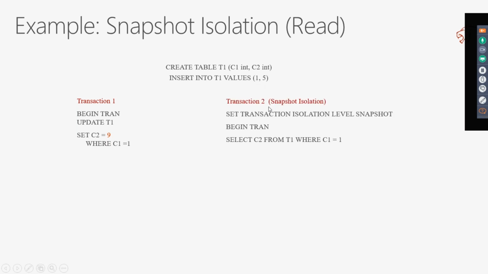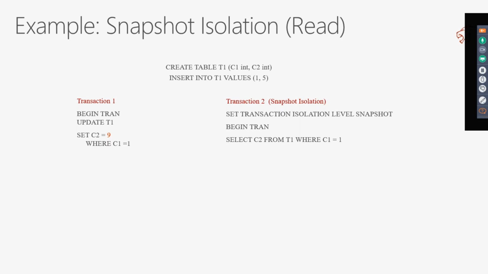Now if I run under snapshot isolation, I begin a transaction. What happens is the snapshot isolation transaction asks what the state of my database was at the beginning of my transaction. The committed state was 1, 5.